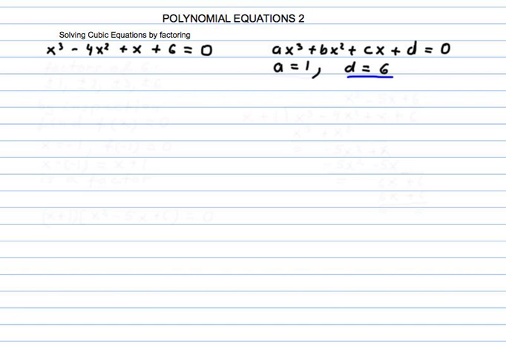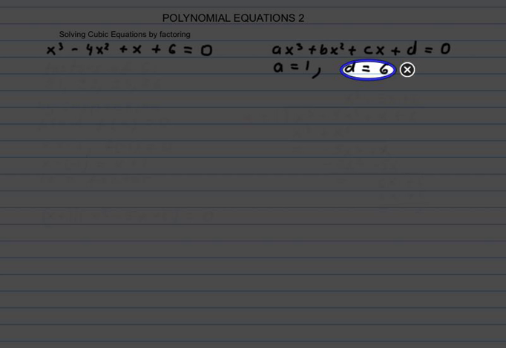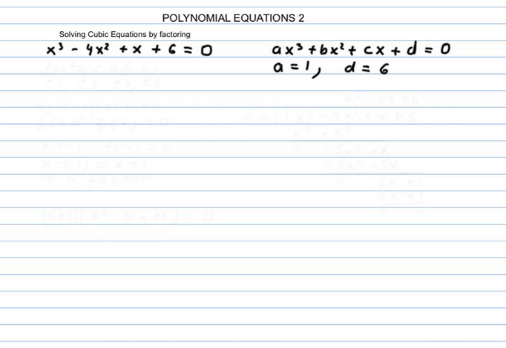So this is the case where we have leading coefficient equal to 1. So pay attention to that. In that case, we only find factors of the constant value, 6. So this is what we want to find out.